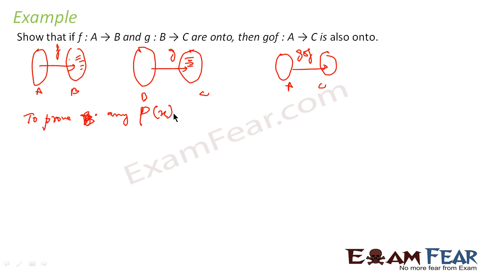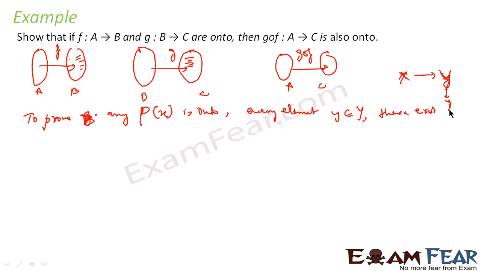Let's suppose any function p from X to Y. To prove that p is onto, we have to say that for every element small y that is a member of big Y, there exists a small x that is a member of big X, because there is no orphan here.